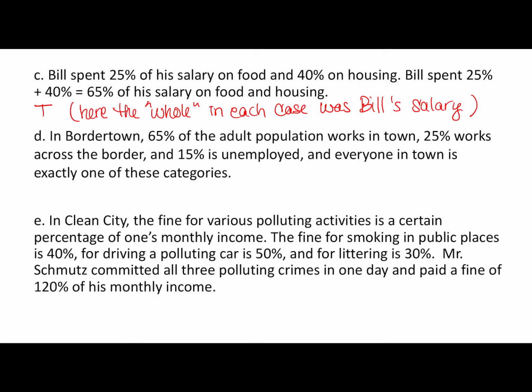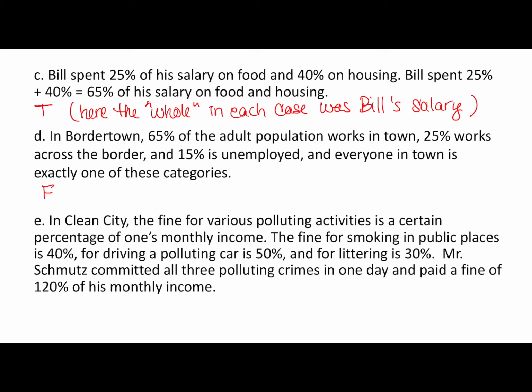All right, what about Border Town? In Border Town, 65% of the adult population works in town, 25% works across the border, and 15% is unemployed. And everyone in town is in exactly one of these categories. What do you think here? Well, this one is going to be false.